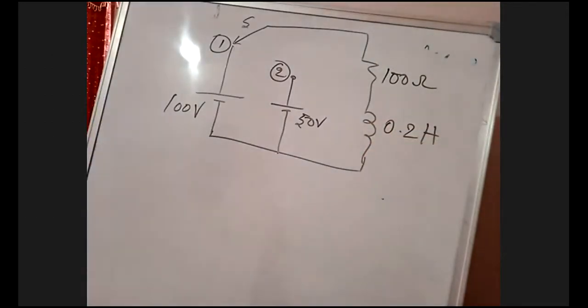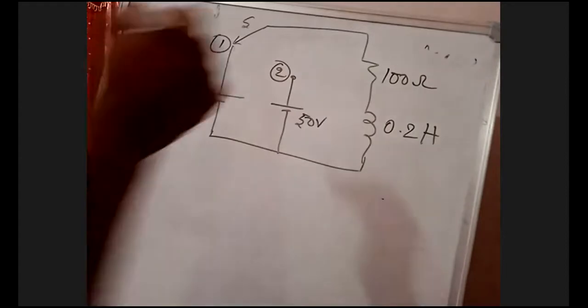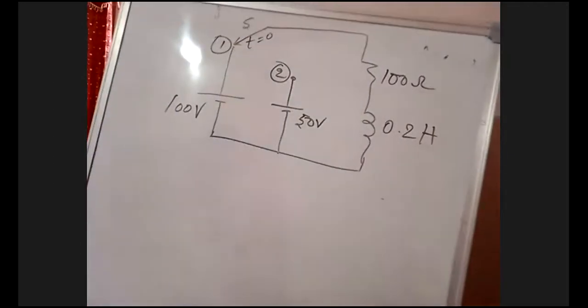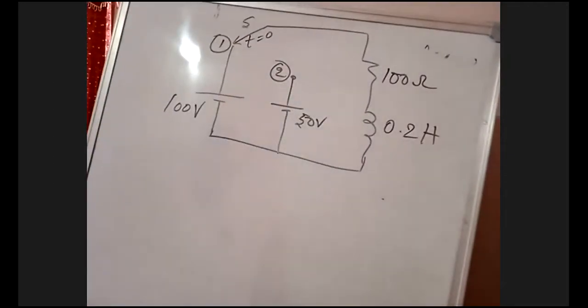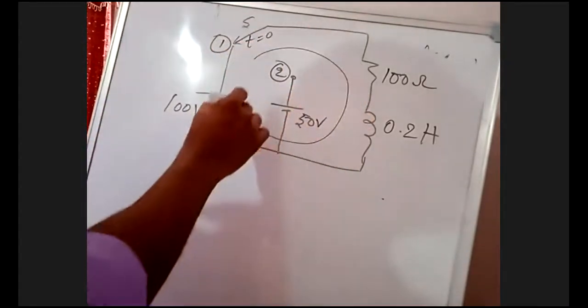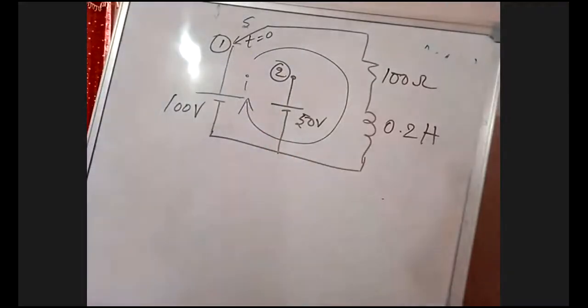Now see here, at t is equal to 0, they are placing the switch at position 1. Now when the switch is in position 1, your current will flow like this. And they are asking to determine the current equation.